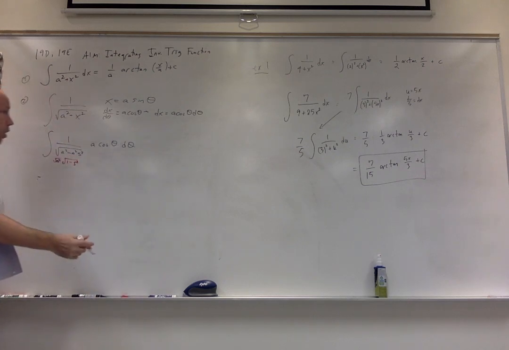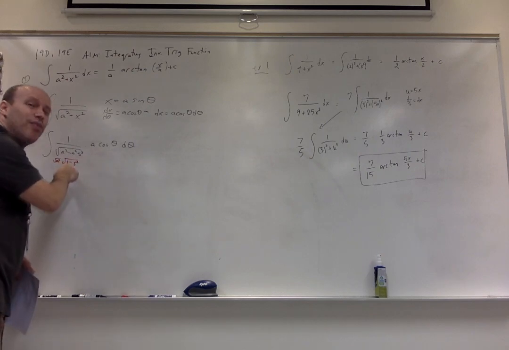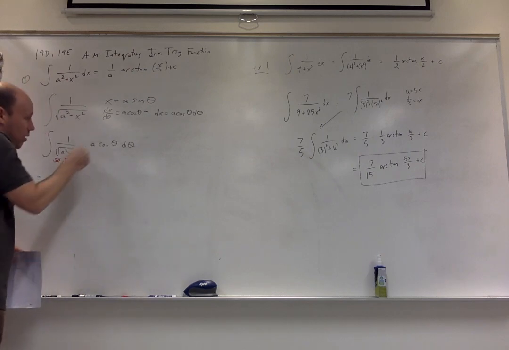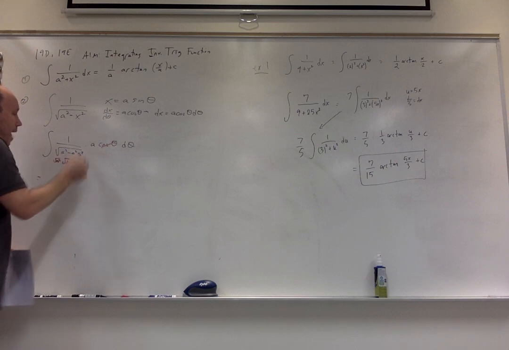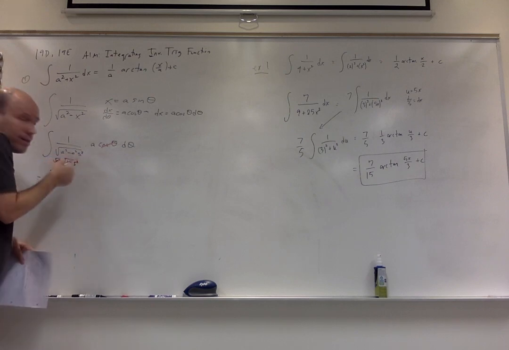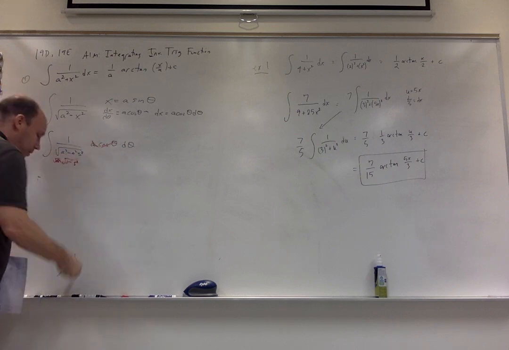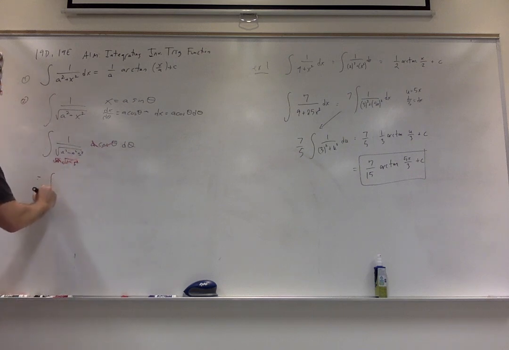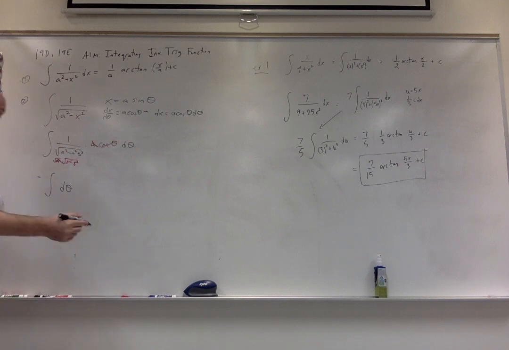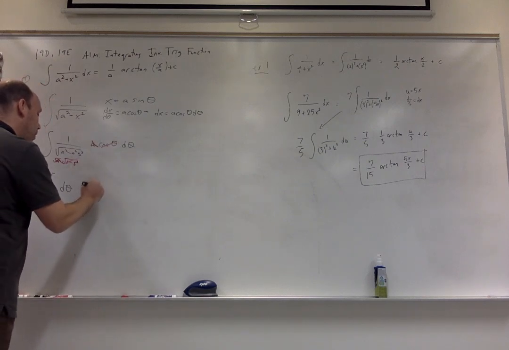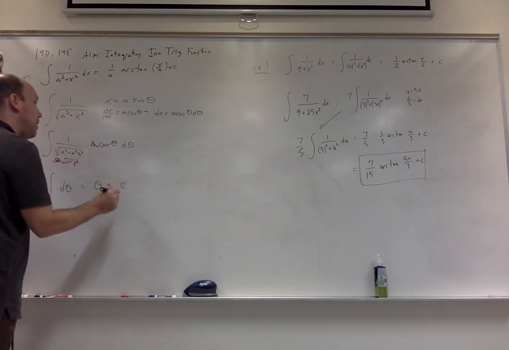And so you say, oh, you know what? That's 1 minus sine squared is cosine squared. The square root of cosine squared is cosine. That goes out with that. And the square root of a squared is a. That goes out with that. We're left with the integral of d theta. Right? Final answer, theta plus c.